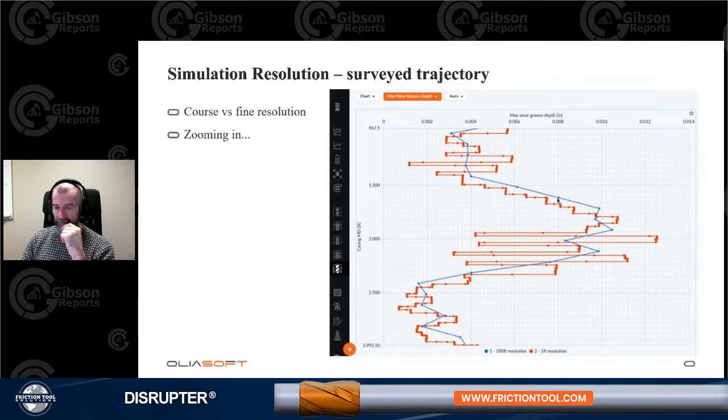The wear here would just be distributed all over, and we have a discretely calculated side force, which also gets smeared out over a bigger area. And that's what's causing this difference just by choice of resolution.